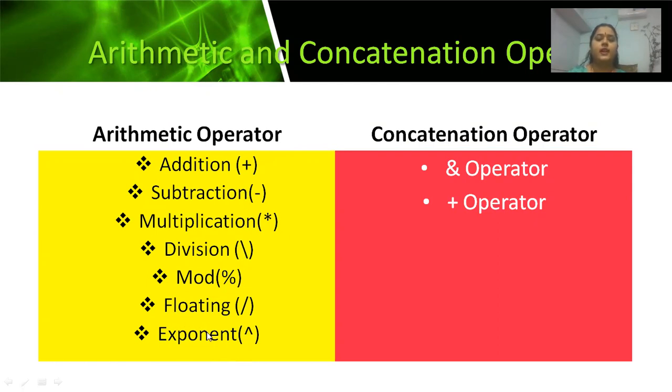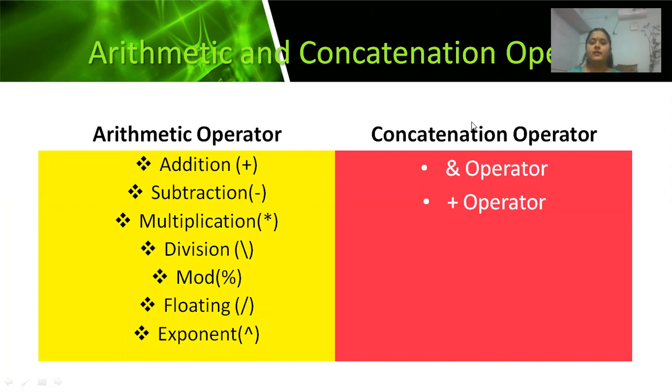For example, if you want to add the values of two text boxes and store the value in text box 3, we can use the addition operator. Or if you want to calculate the modulus of two numbers, we can use the Mod operator. Or if you want the exponent of any number, we can use the exponent operator.